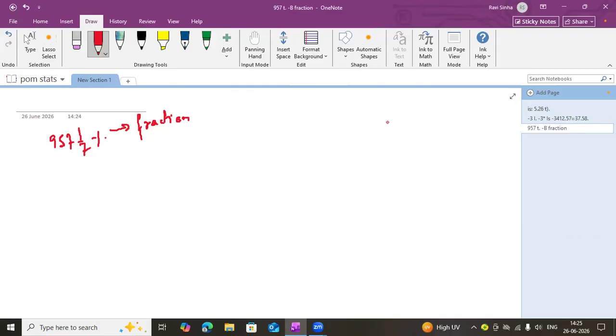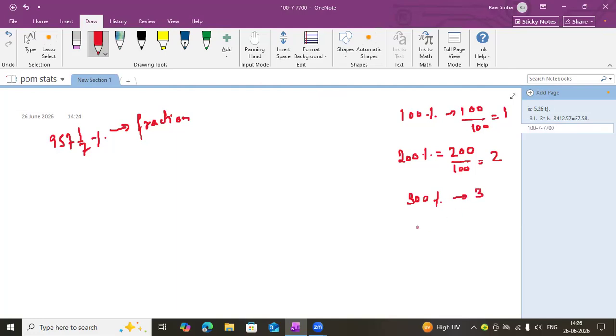We need to understand a few things before proceeding with this problem. For example, 100% is 100 by 100, which is 1. 200% is 200 by 100, which is 2. Similarly, 300% is 3, and so on. So 957 1 by 7% can be written as 900 plus 57 1 by 7%.